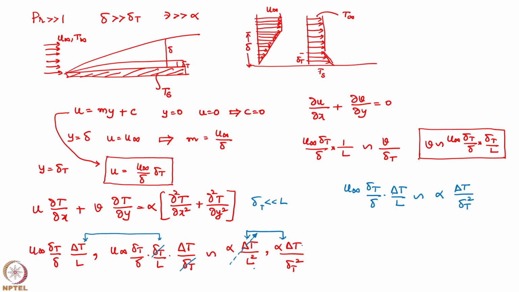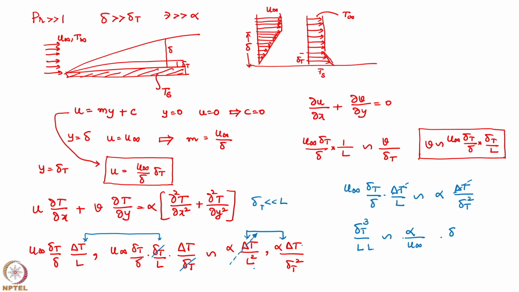Here if you compare these two, delta T gets cancelled out. So, you get delta T cube divided by L is of the order of alpha by u infinity into delta.